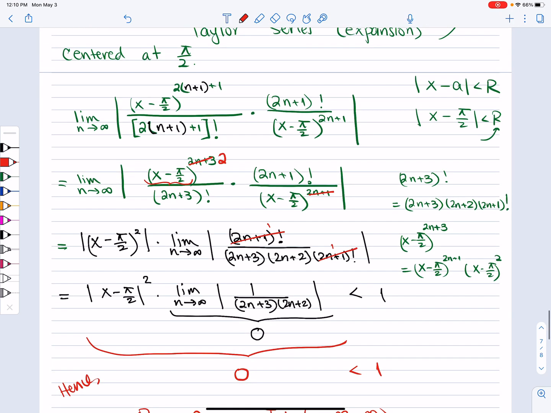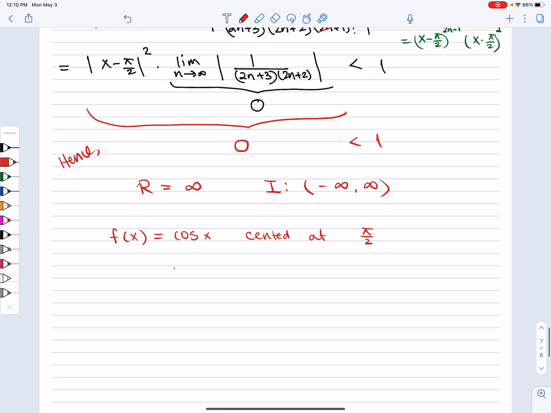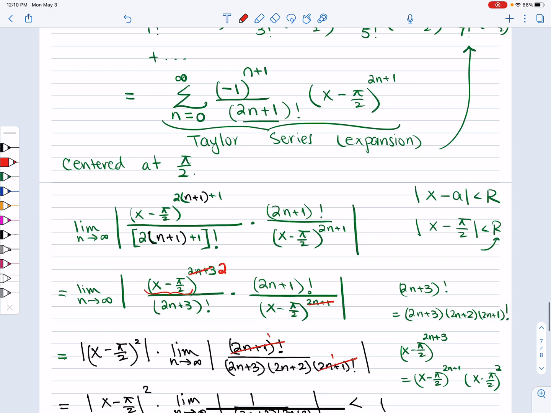All right. So again, for our f of x equal to cosine of x, centered at pi over 2, the Taylor series is written as sigma as n goes from 0 to infinity. Let me see if I can remember.